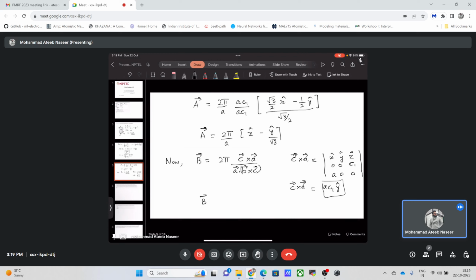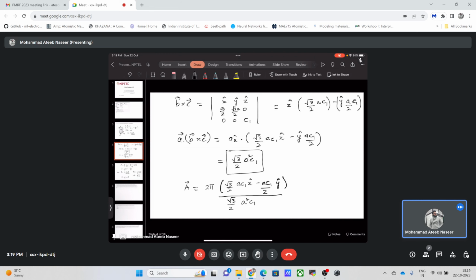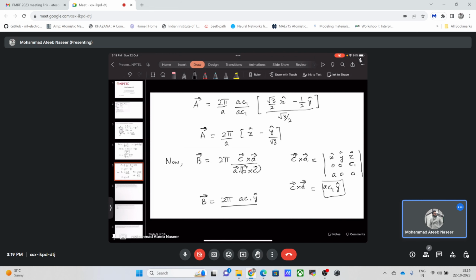So vector b is simply 2 pi a times c1 y hat divided by the volume, which is root 3 by 2 a square c1.